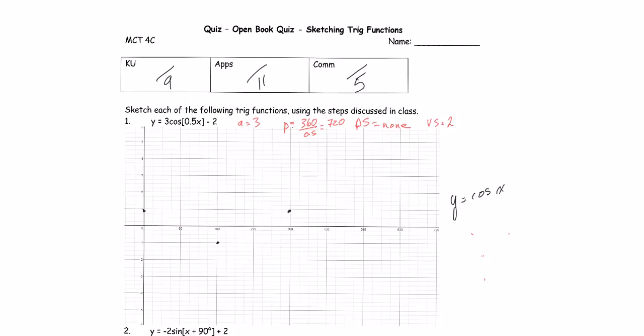And in this case, half of 180 is 90. So that's where our next point is. And then we have 270. And then we simply graph our curve.